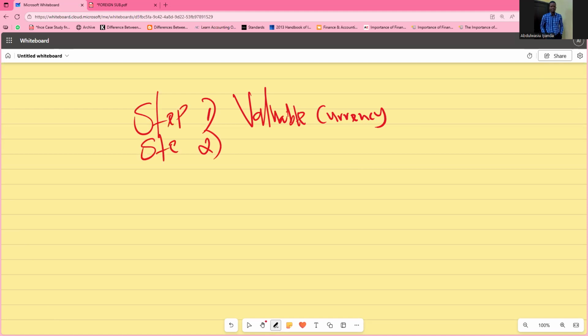Then the step two. So the first thing you do is determine the most valuable currency. Is the parent currency higher than the subsidiary, or is the subsidiary currency higher?